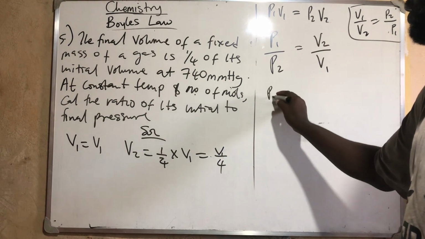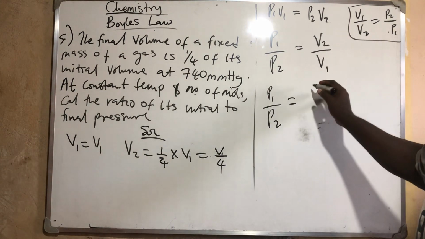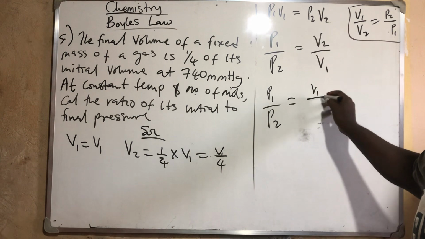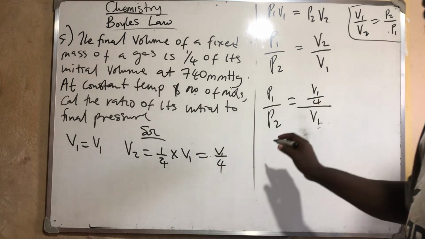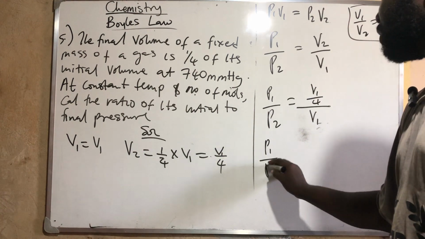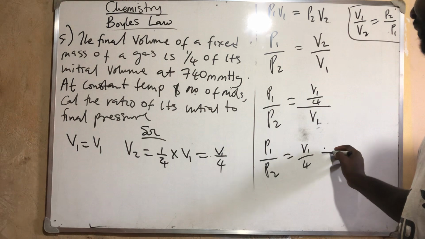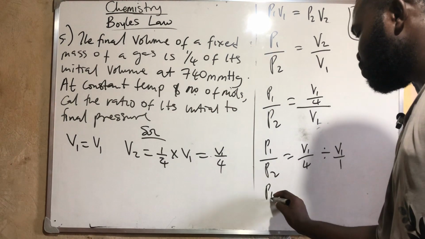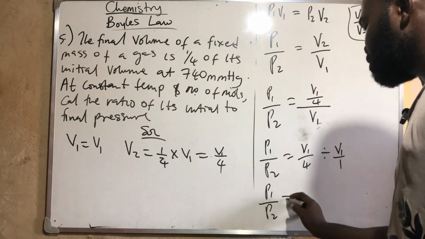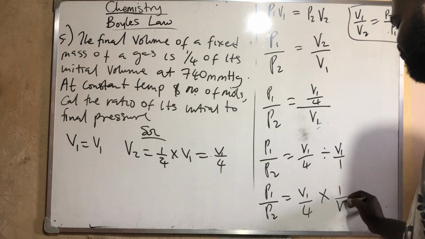So therefore, P1 over P2 is equal to, what is my V2? My V2 is V1 over 4, then divided by V1 again. So P1 over P2 is equal to V1 over 4 divided by V1 over 1, which will give you V1 over 4 times 1 over V1.